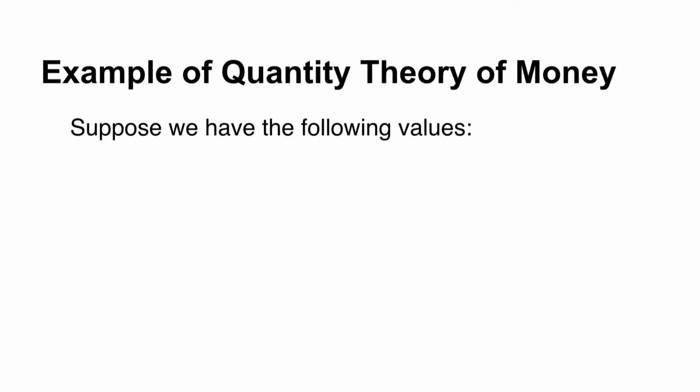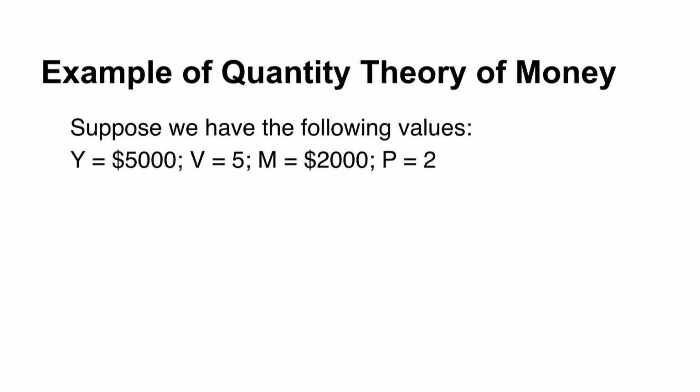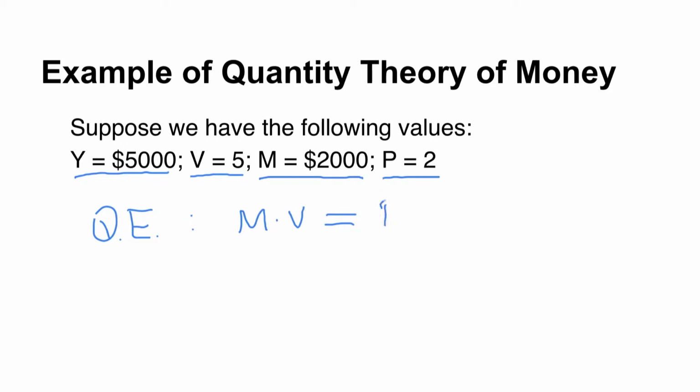So let's look at another example to think about the quantity theory of money. Suppose that we have the following values. Real GDP is $5,000. The velocity of money is 5. The money supply is 2,000, and the price level is 2. So using our quantity equation, we can see that the money supply times the velocity of money is equal to the price level times real GDP.